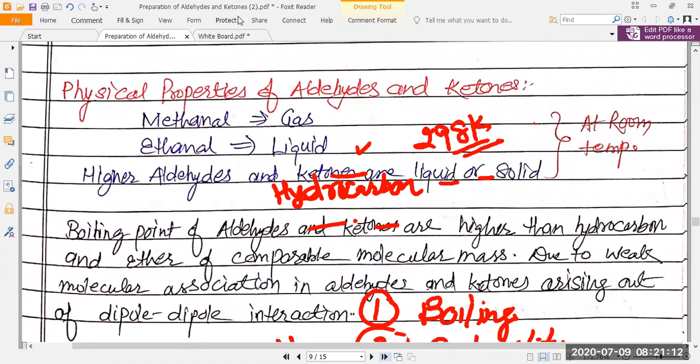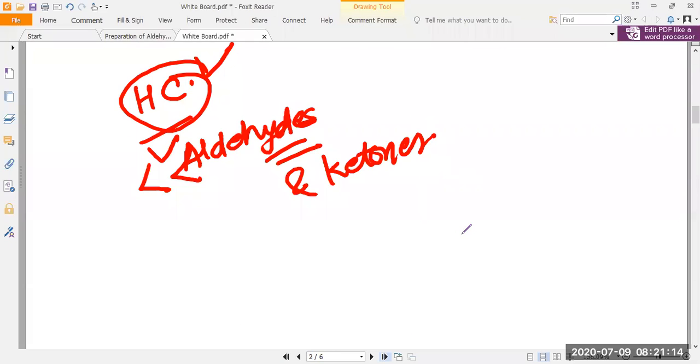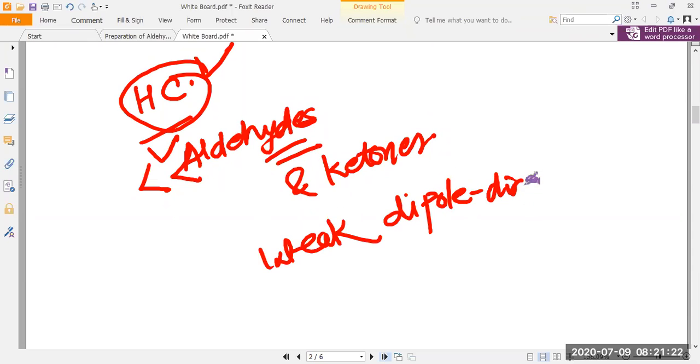In aldehyde and ketone, weak dipole interaction is present.